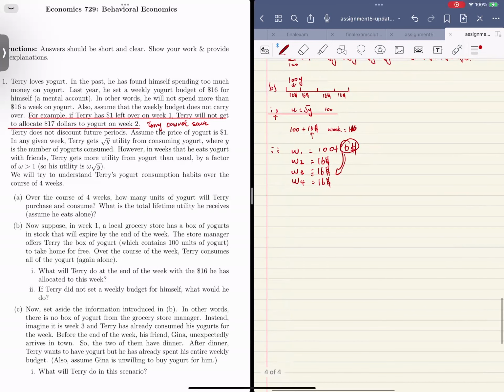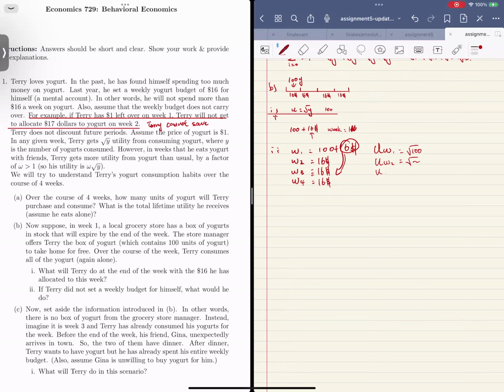So first week, his utility would be U of W1, the square root of 100. U of week 2 equals the square root of 16 divided by 3. Some number. So all the rest of the weeks will be the same.